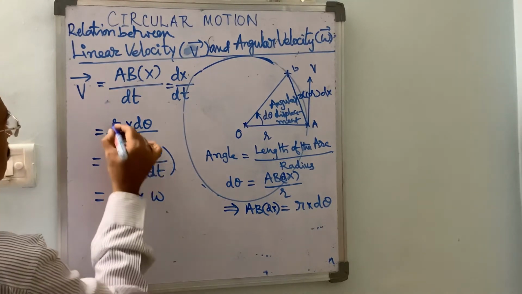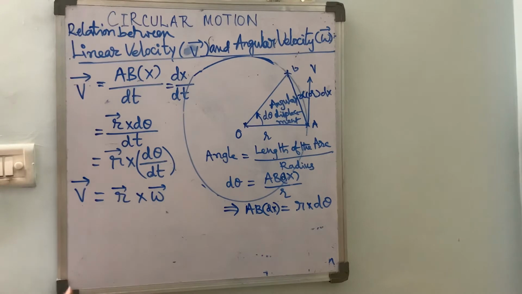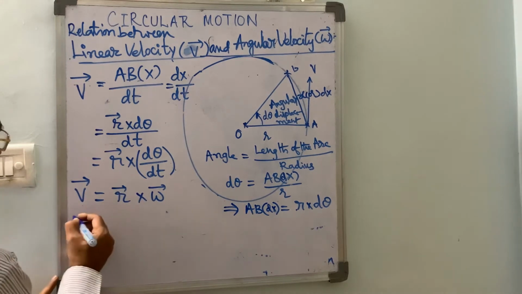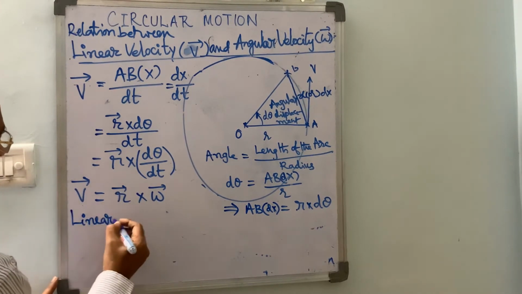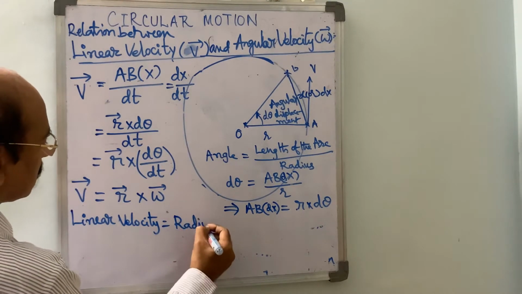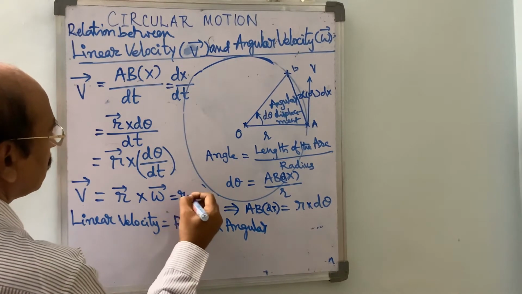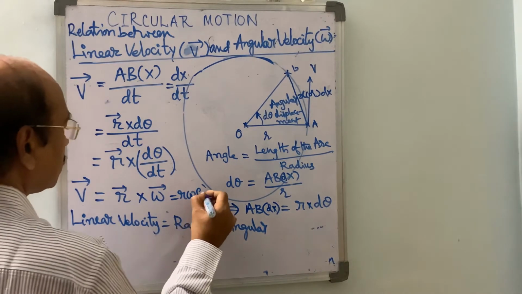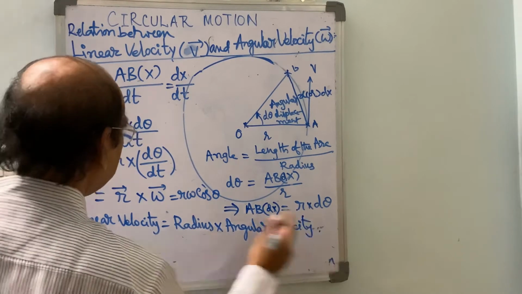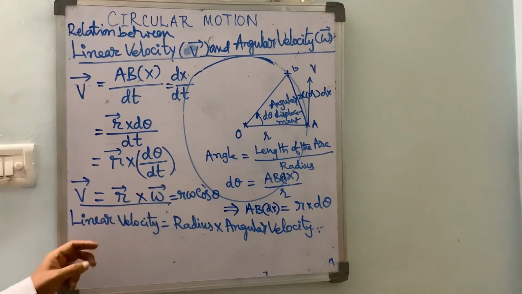Therefore linear velocity is the vector product of radius vector and angular velocity. Therefore linear velocity is written as radius into angular velocity, that is equal to r omega sin theta. This formula is useful for problems. This is the relation between v, r and omega.